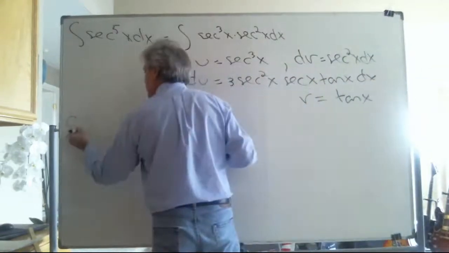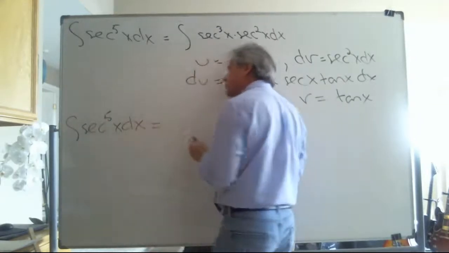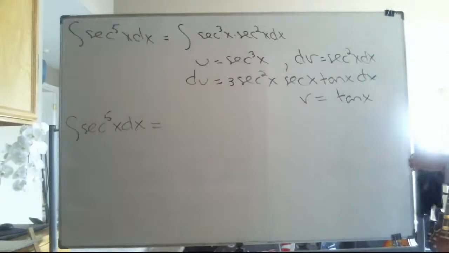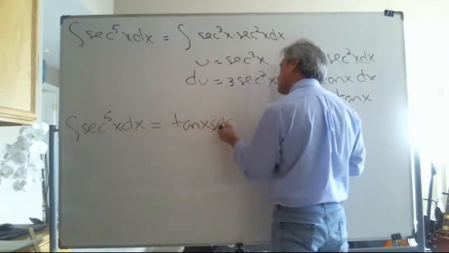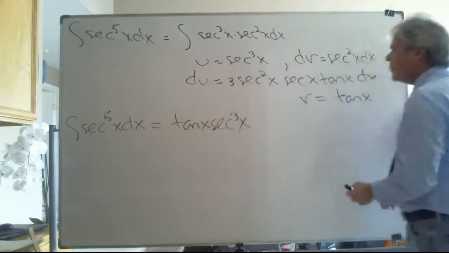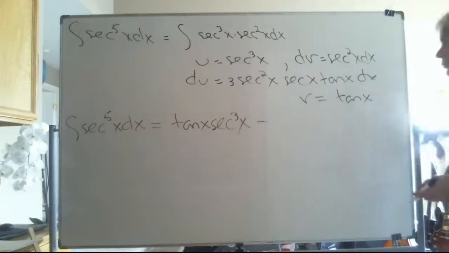So this becomes a product of my u and my v, minus the integral of all my d involving my v du.